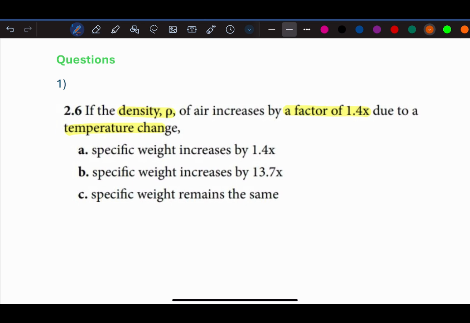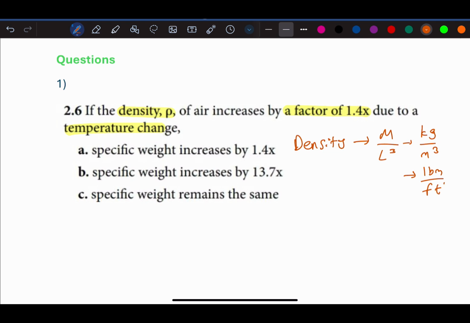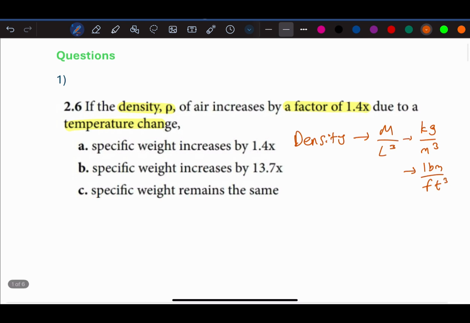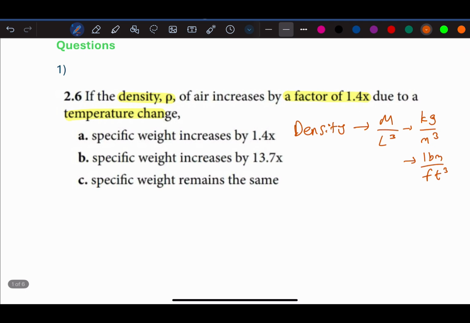This is actually very easy because density has dimensions of mass over cubic length. So we can have kilogram over cubic meter, or pound over cubic feet. There is a relationship between specific weight and density.